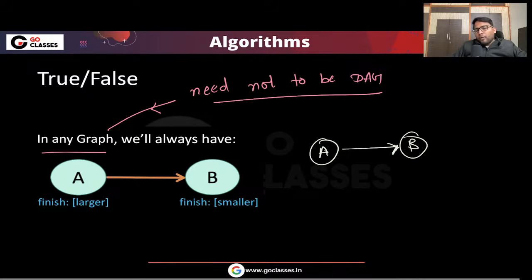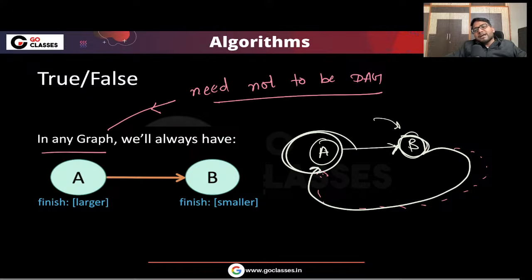The answer is no. Why? Because it may so happen. See, earlier that B to A path was not there, because it is acyclic. If that path is there, then it will be cyclic. But if the cycle is there, then what can happen? Let's suppose you are starting this V first, and then B can be discovering this A, and this A will get finished, and then B will get finished.